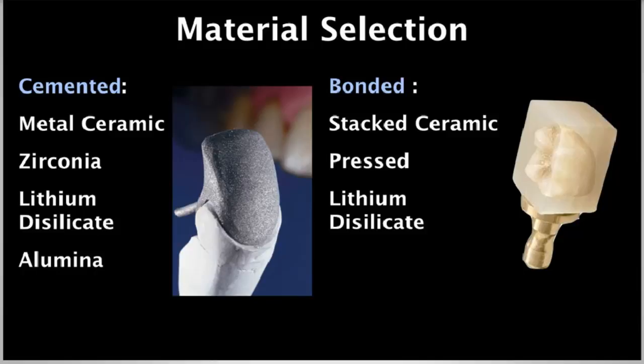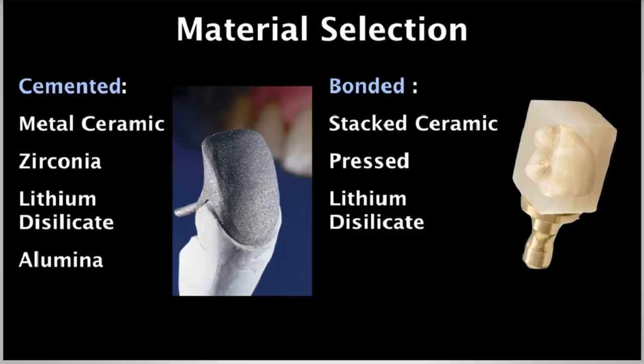Lithium disilicate, which most of us refer to as EMAX, does live now in both categories. You can bond lithium disilicate, and you can choose to cement lithium disilicate. Part of that decision of bonding or cementing will go right back to retention form: full coverage preparations with retention form, adequate thickness, cement it.